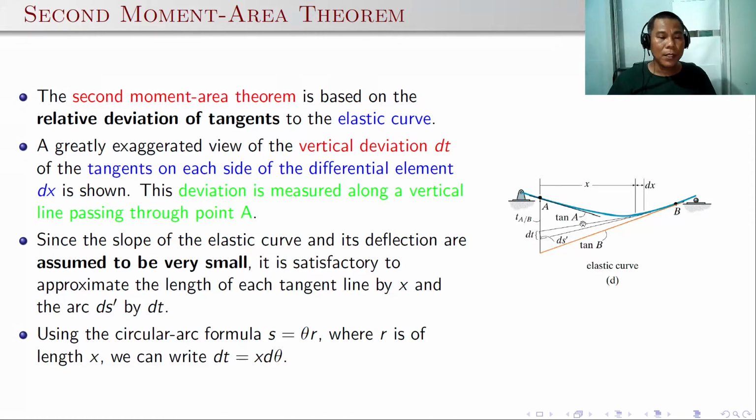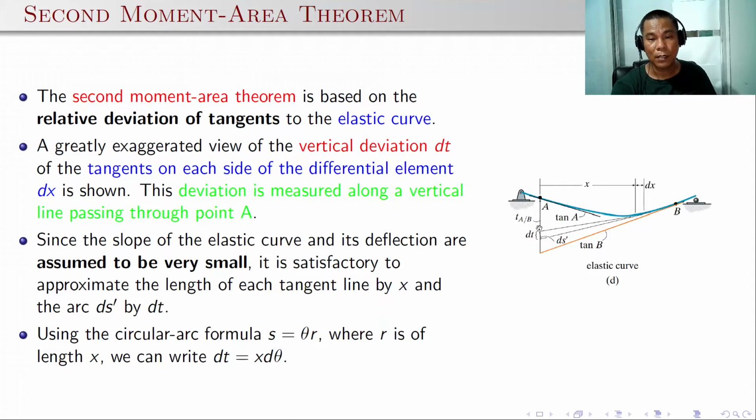If we use the circular arc formula, that is, if you remember a circle, the arc s is simply equal to the angle theta times the radius r. So in this case, we can just look at s as dt. The angle is this portion, d theta, and the radius is this radius.